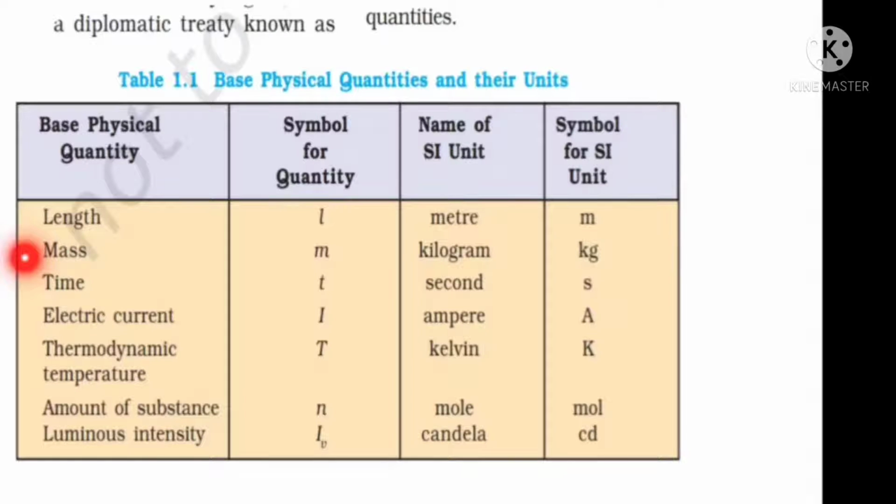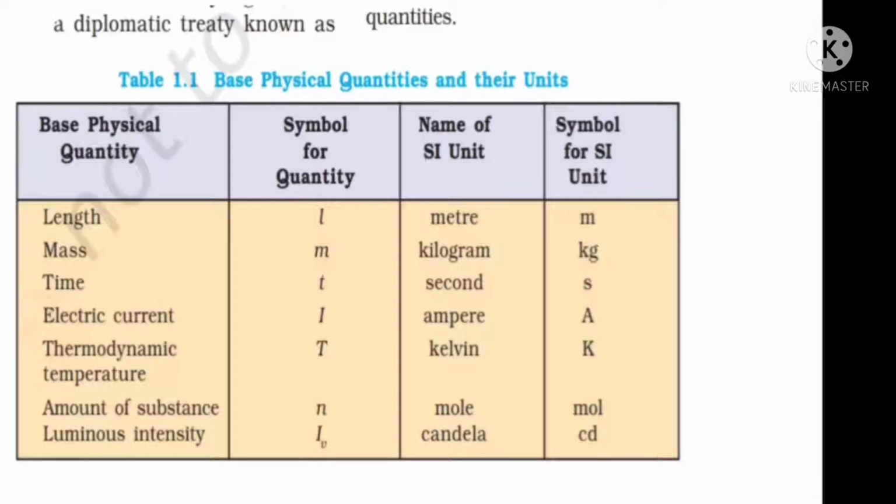Mass. The symbol of mass is m, and the name of the SI unit of mass is kilogram, and the symbol for the SI unit of mass is kg. Time. Time is represented by the symbol t, small letter t, and the name of the SI unit of time is second, and the symbol for the SI unit of time is s.